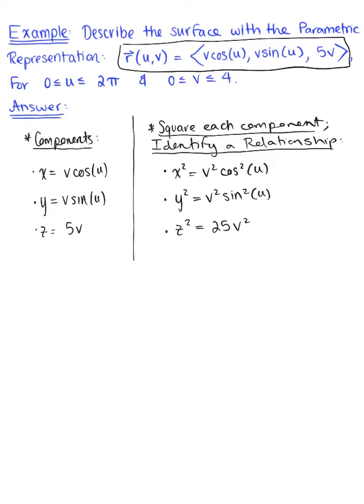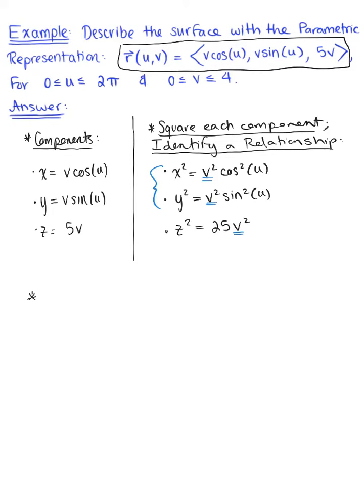Looking at these squares, we can see that x and y share v squared, and if we add them together, we can see that Pythagorean identity coming in. We could also see that v squared exists in the z component. So let's see if we can relate all these together.